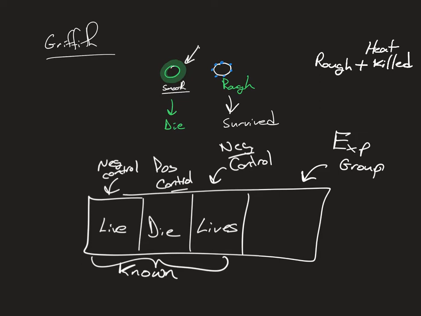But the heat killed, they were broken up into all their pieces. So DNA, proteins, lipids, carbohydrates, all in that test tube. This bacteria, the rough, that are alive, don't cause disease, are mixed with the stuff from the disease-causing ones that you've killed. And they sit in the test tube for a minute, or an hour, 2 hours.